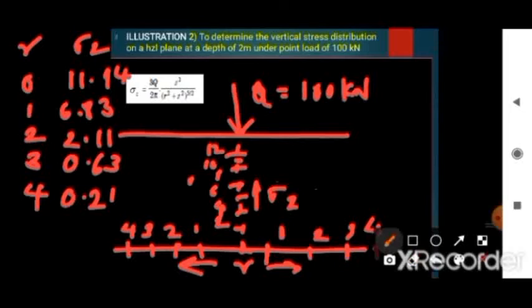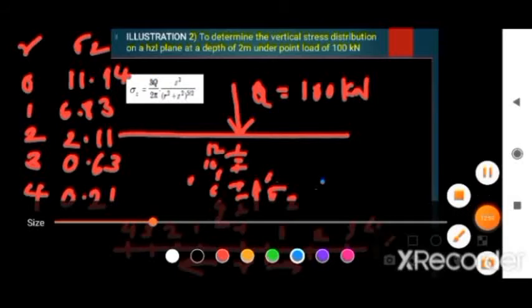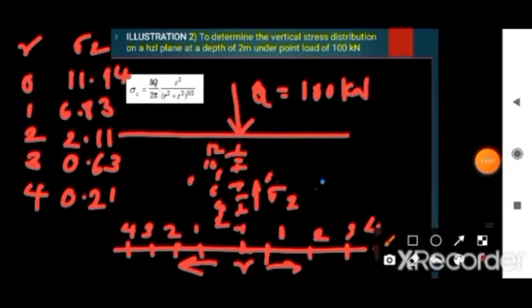So this is one point, and I can change the color here for your understanding purpose. So this is the one point, this is another point, this is another point.